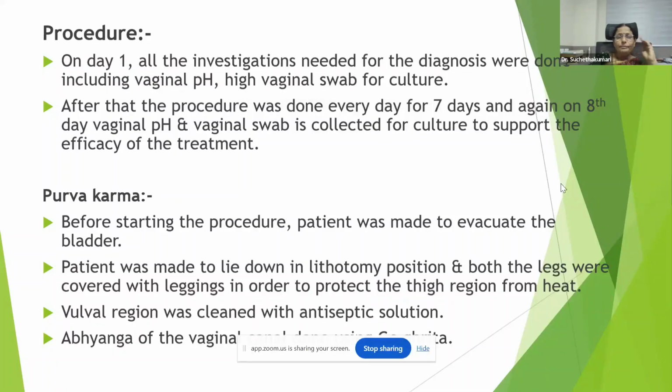That is because of the dhupa: if the legs are not covered, the patient may feel the heat on the thighs, and it will cause discomfort. So before the dhupana, the abhyanga of the yoni has to be done.